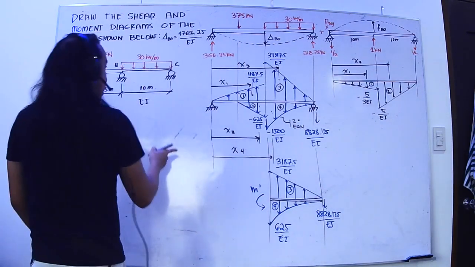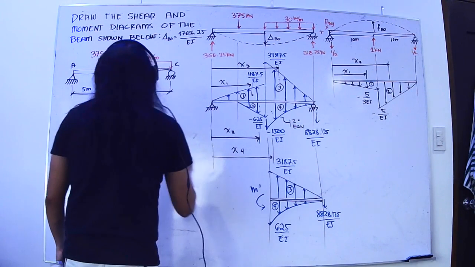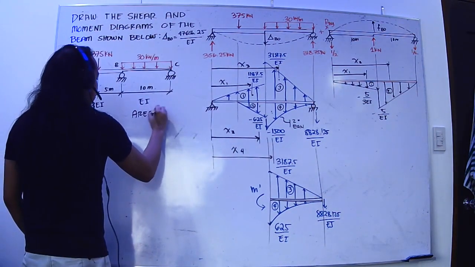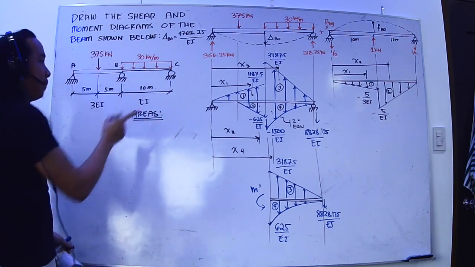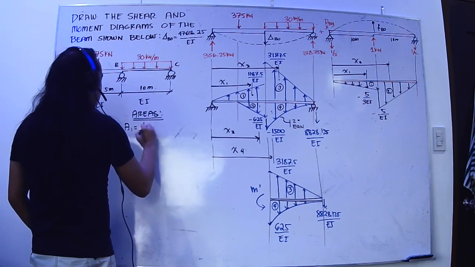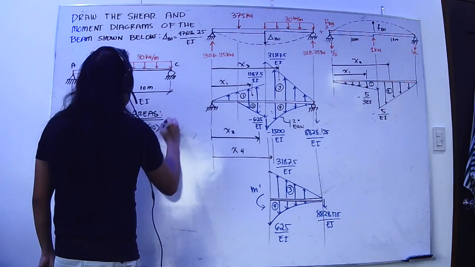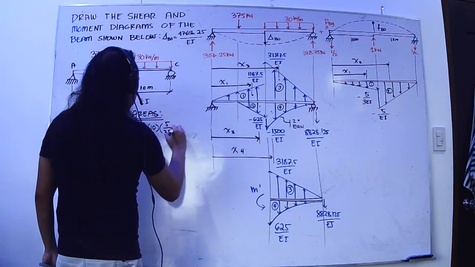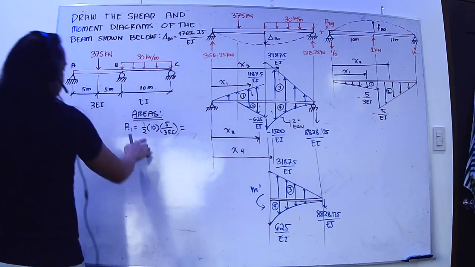Okay? Now let's talk about the areas. A1 is basically 1 half of base times height. The base here is 10. The height is 5 over 3 EI. It's negative.